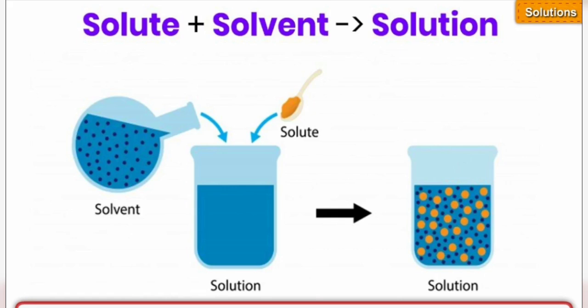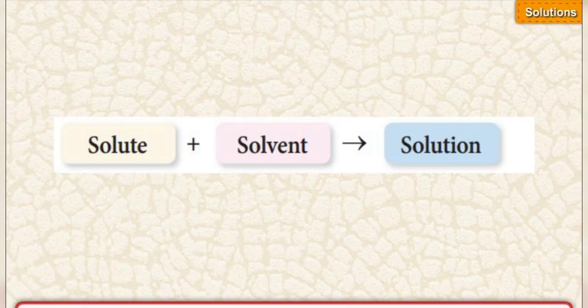The solid that dissolves in a liquid is called the solute. The liquid in which a solute dissolves is called the solvent. Solutions may be of different types depending upon the state of the solute and solvent present in the solution.